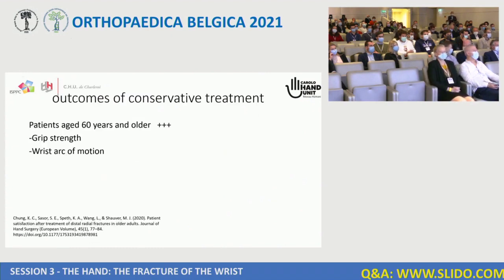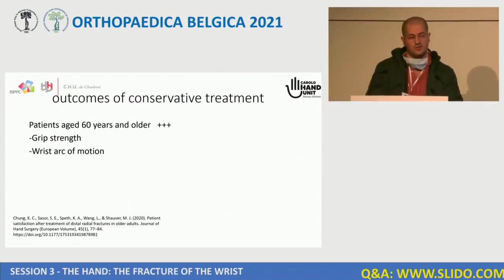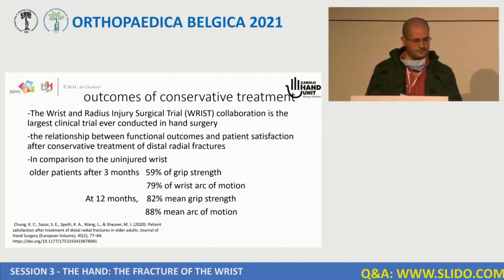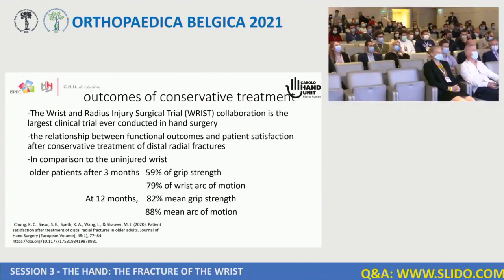With conservative treatment, the most satisfied patients in terms of grip strength and arc of motion are patients aged 60 years and older. In fact, a study was done in 2019 and published in the Journal of Hand Surgery. It was the largest clinical trial ever conducted in hand surgery. They studied the relationship between functional outcomes and patient satisfaction after conservative treatment of distal radius fracture.